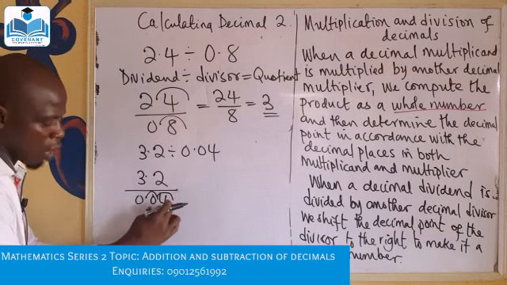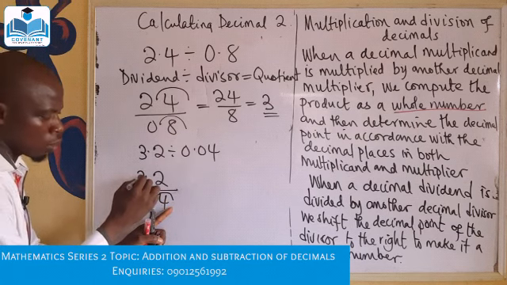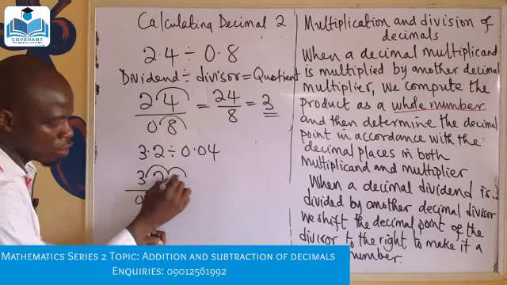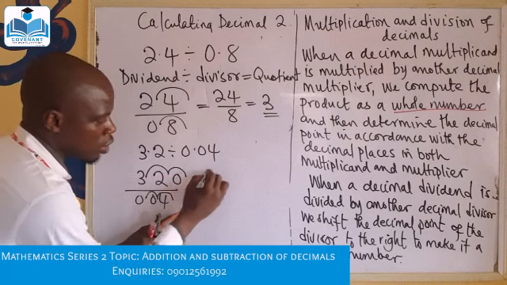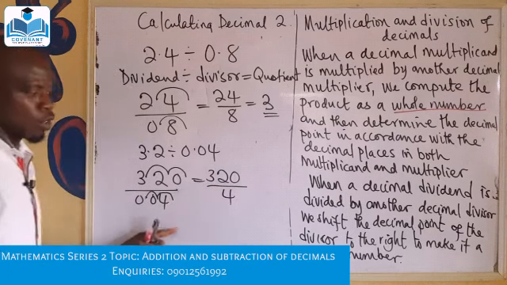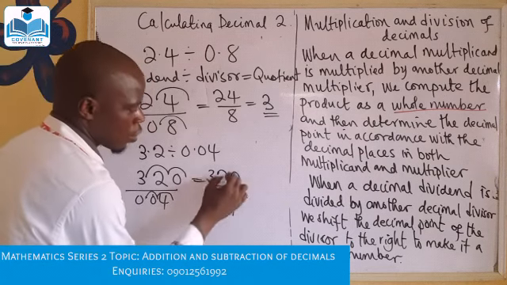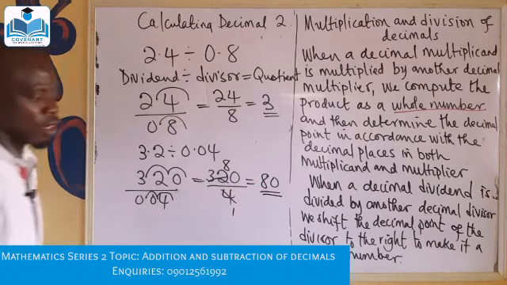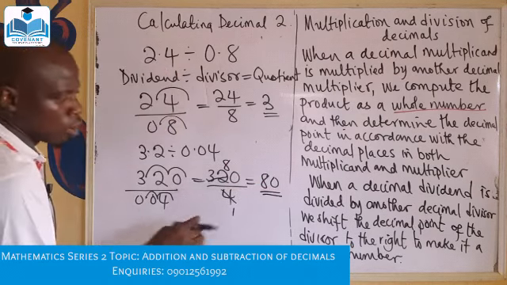Once you move the decimal point 2, you have to come here and move the decimal point also 1, 2. Now you're having an empty space there, then you introduce 0. So this one becomes 320 divided by 4. So 4 goes there 8, and 4 goes there 0, and that is 80. That's your answer.